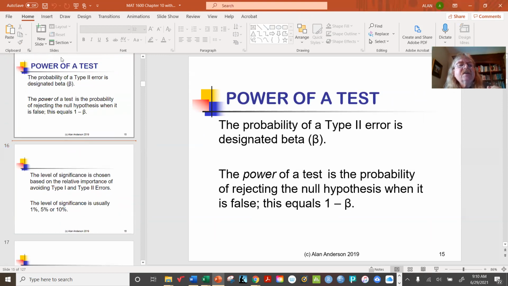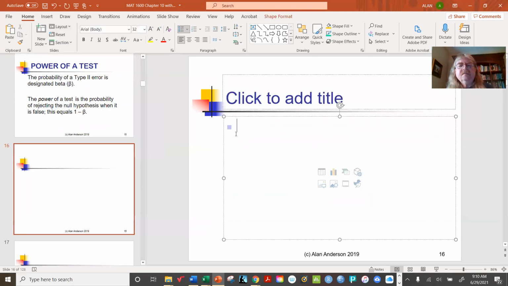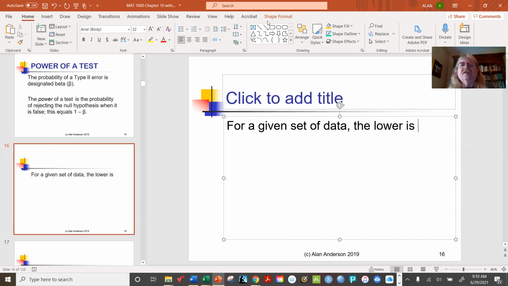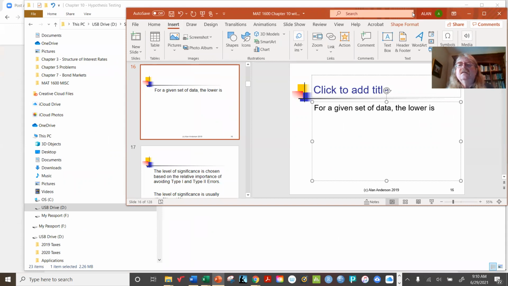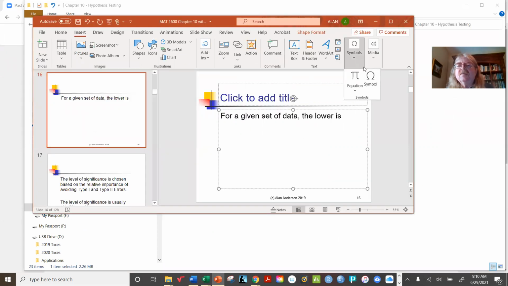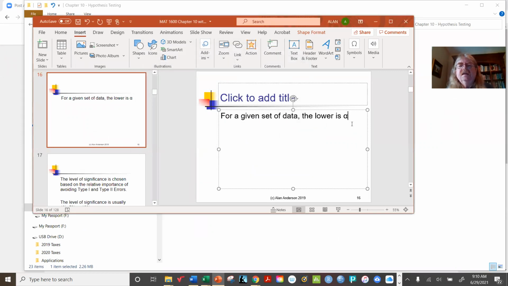Okay, but let me just slip this in here, just in case it's not clear. For a given set of data, the lower is alpha, in other words, the probability of a type 1 error, the greater will be beta.